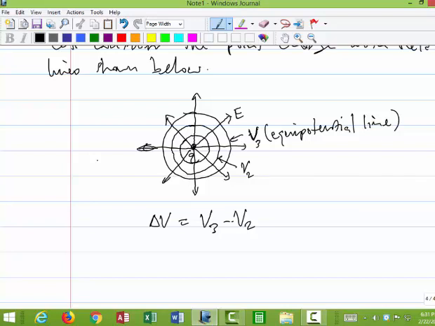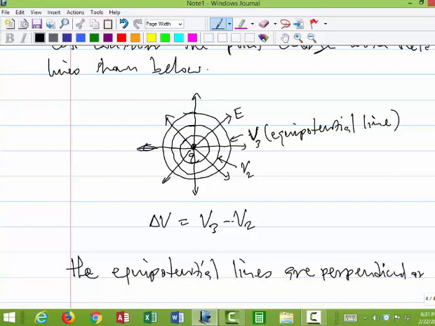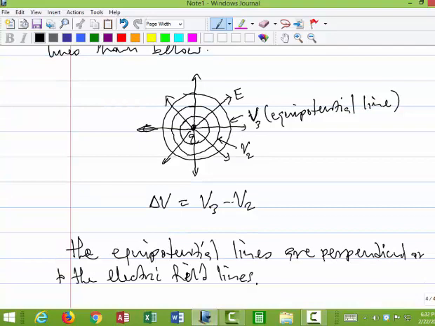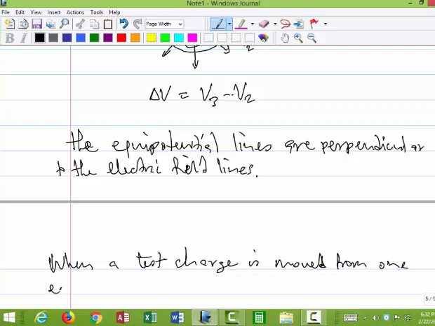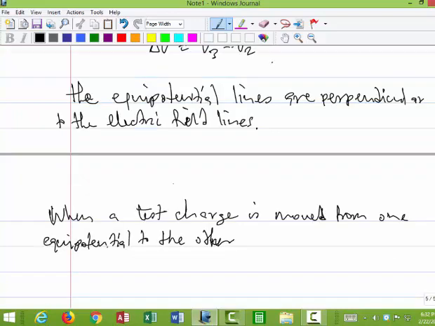So let's look at this generically with some other lines. Let me continue. We can say that the equipotential lines are perpendicular to the field lines. When a test charge is moved from one equipotential to the other, there is a potential difference.